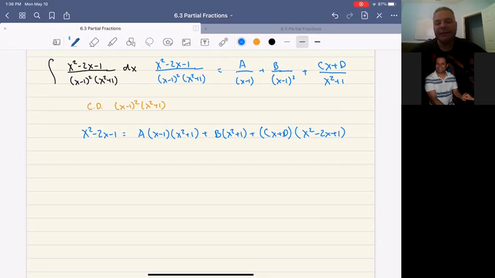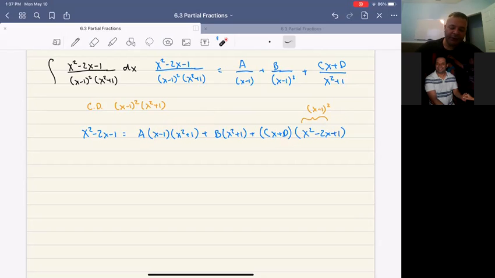Now, remember this is x minus 1 squared, we are going to start by picking a value of x that'll get rid of a lot of stuff. Well, if I pick x equals 1, this is going to be 0, and this is going to be 0.